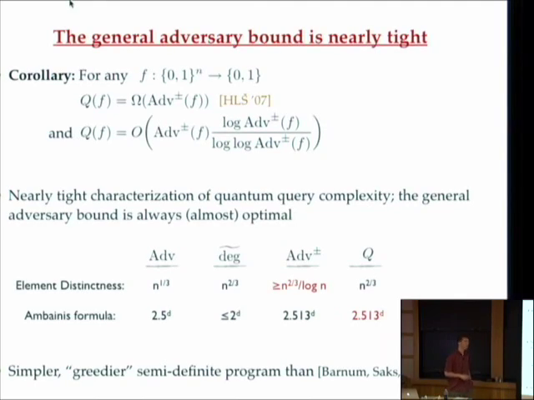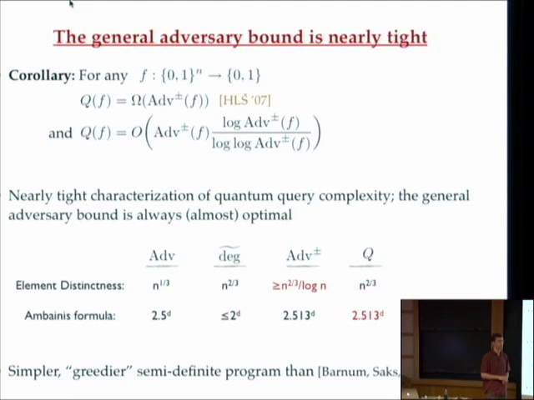Now that you know this, did you try to use the approximate degree explicitly to lower bound this number? So you know that the adversary plus minus is at least the approximate degree up to some log. So now there are these methods to bound certain things from below using the approximate degree.